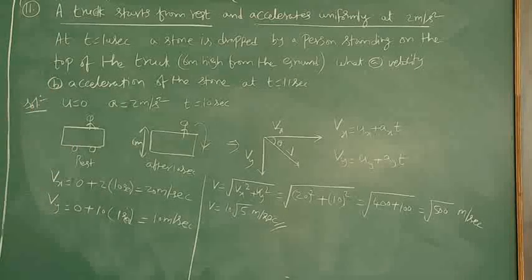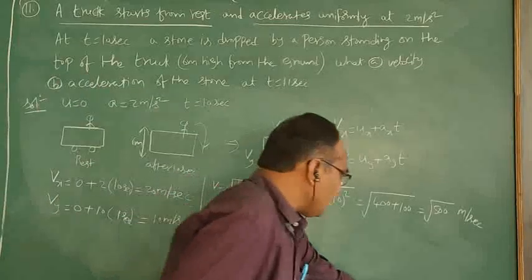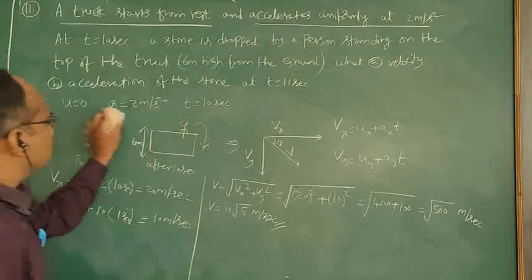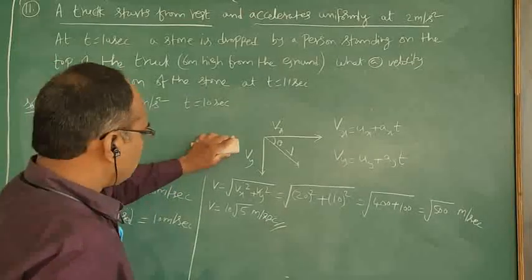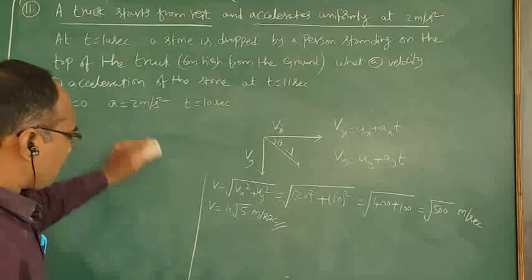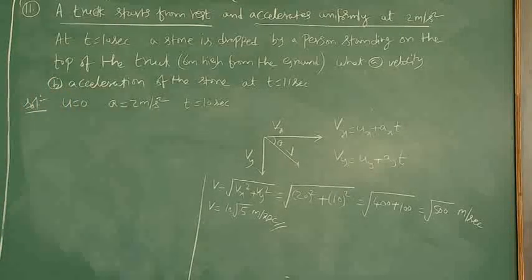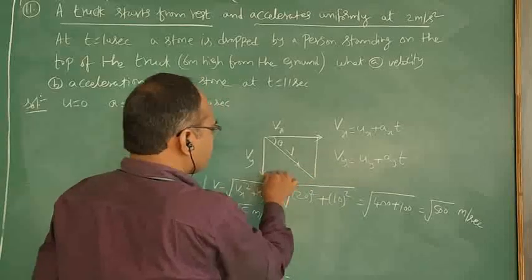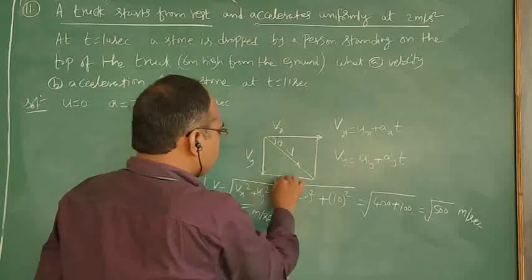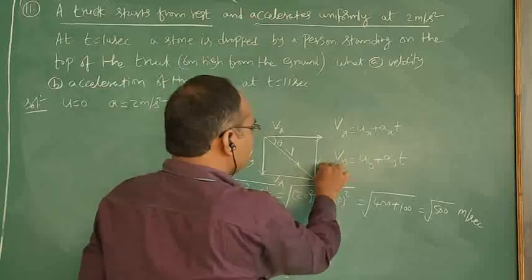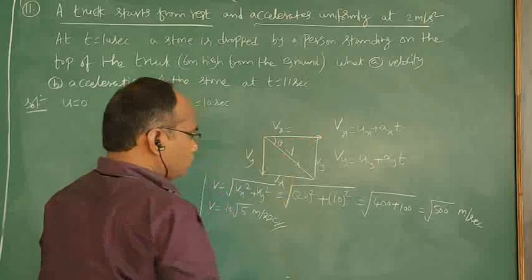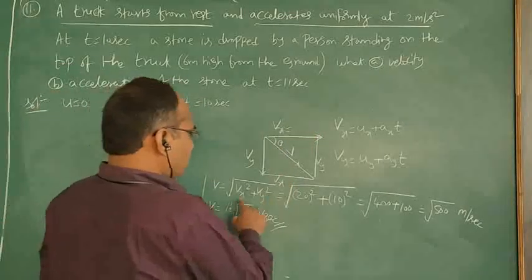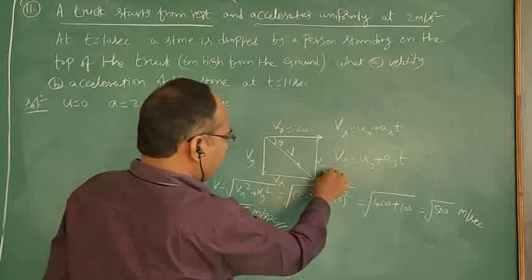This is the velocity. Now to find out the acceleration of this stone, what we have to do? Here I am extending like this. So this is Vx, this is also Vx. If this is Vy, this is also Vy. Vx is 20 and Vy is 10.